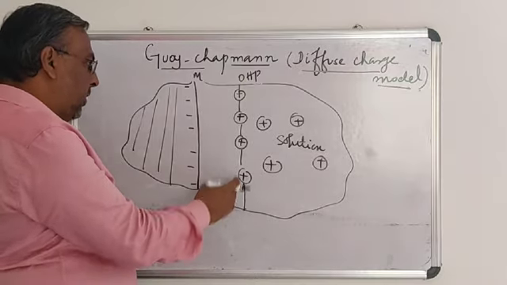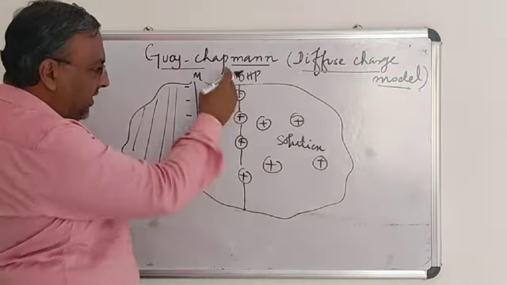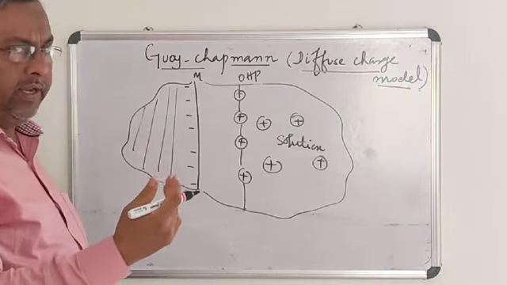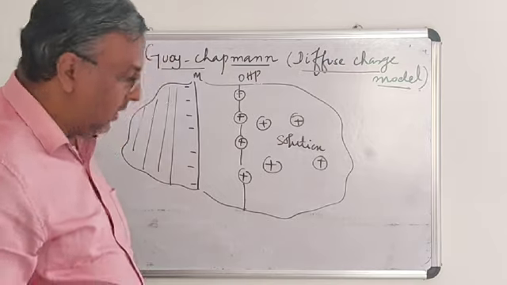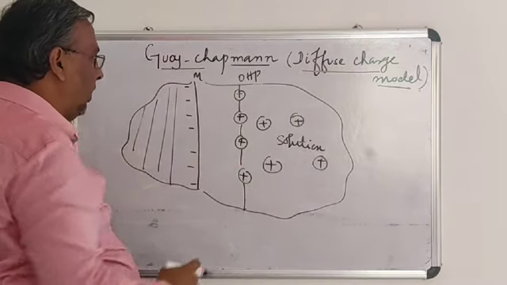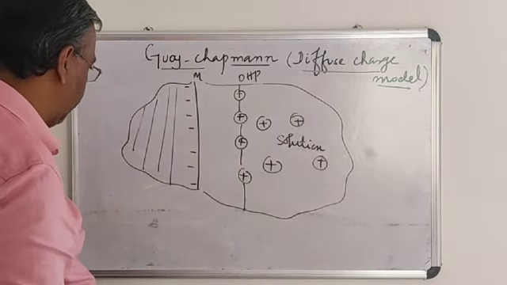And the positively charged layer forms a sheet. It may be a primary layer or a secondary layer. Okay? That forms the outer Helmholtz potential.